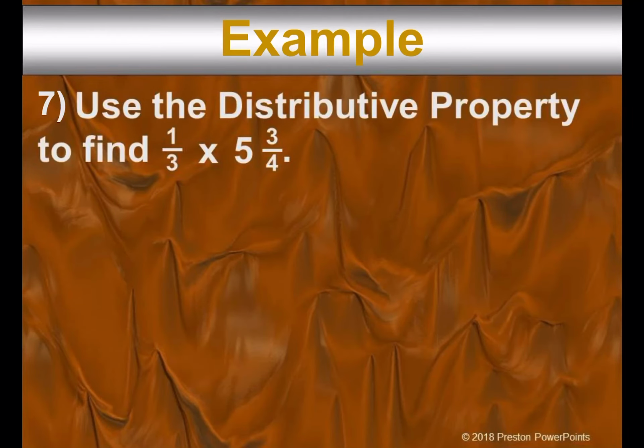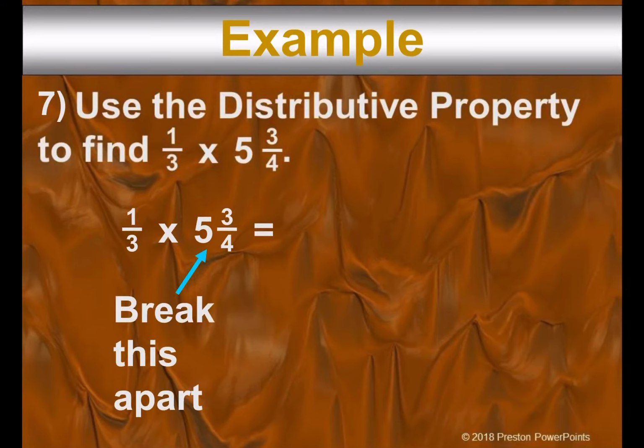So another example. Use the distributive property to find 1/3 times 5 and 3/4. So again, we can take the 1/3 and break that apart into 5 and then into 3/4. So we can take 1/3 times 5 and then 1/3 times 3/4.